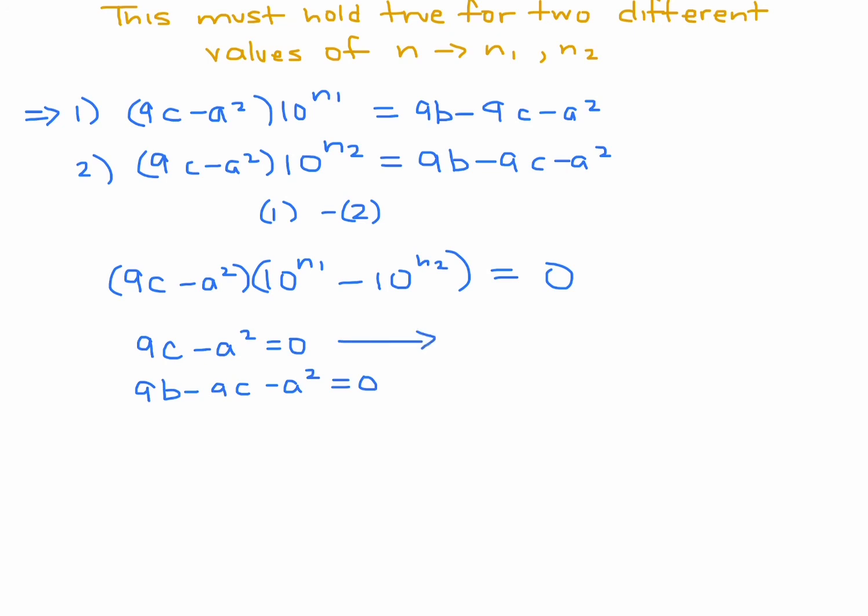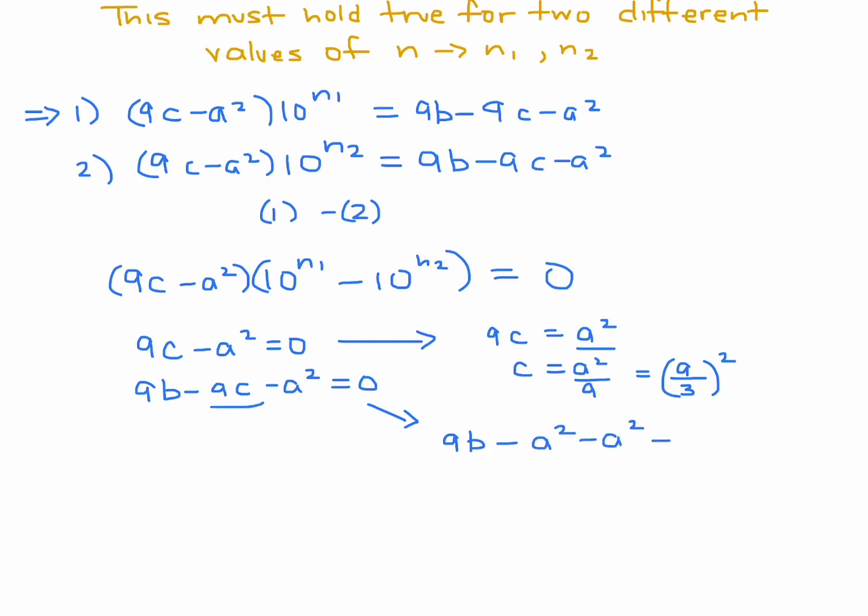From this one, we get 9c is equal to a squared, and therefore c is equal to a squared over 9, which is a over 3 all squared. From this one, let's see what we can get here. We get 9b minus 9c minus a squared. So 9c is equal to a squared, so I can just put a squared minus a squared, which is equal to 0.